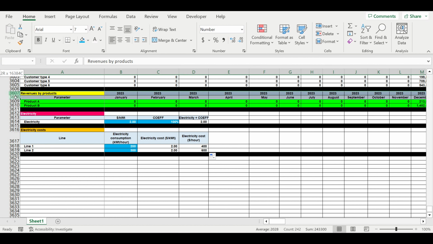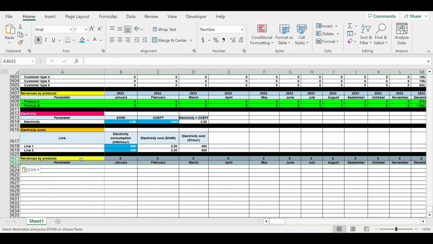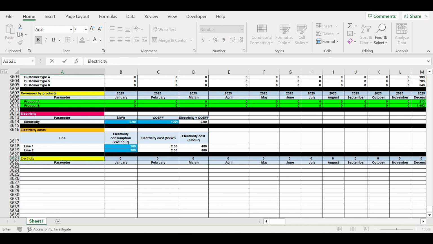Now what we are doing, we are copying the table with chronology. Name it electricity costs.